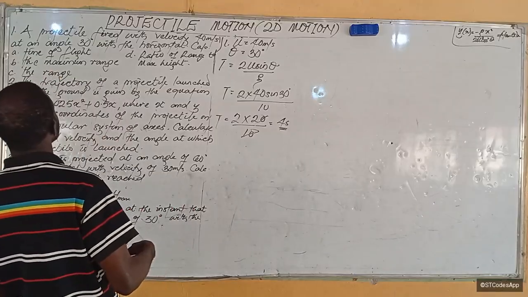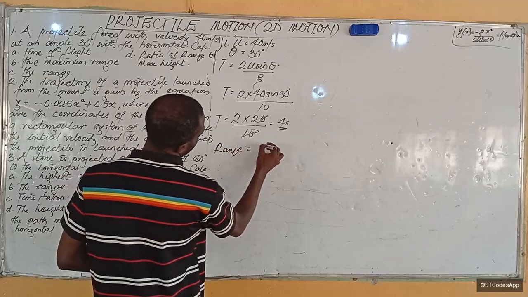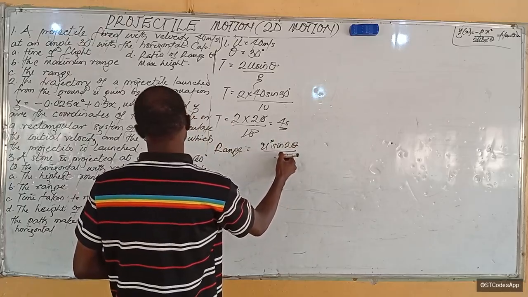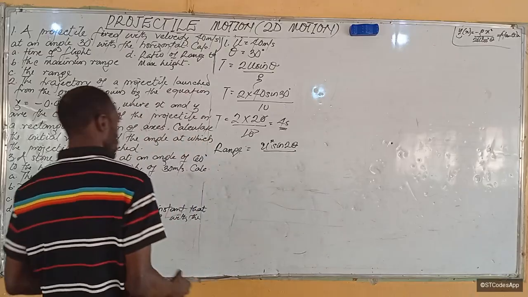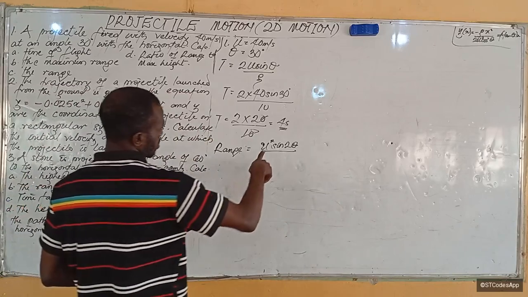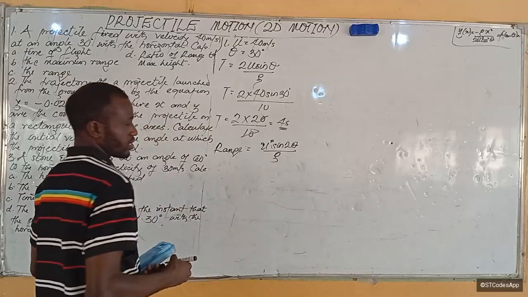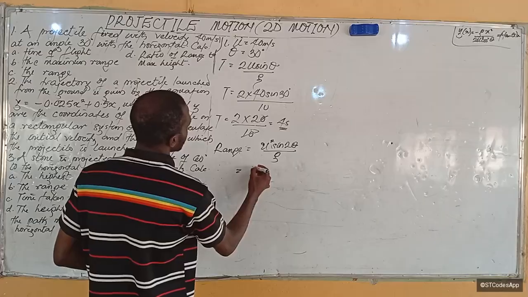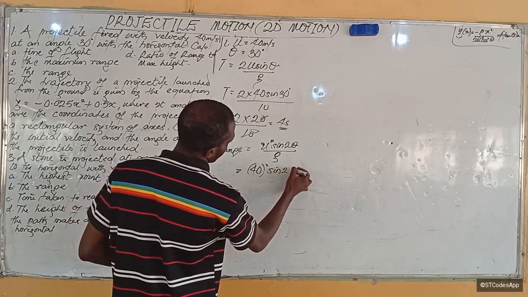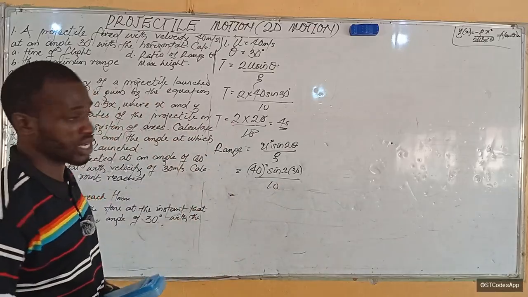It says calculate the maximum range. Remember that the range is given by u squared sine 2 theta over g. So the range becomes 40 squared times sine 2 times 30, over 10, given that we are using g as 10, not 9.8.